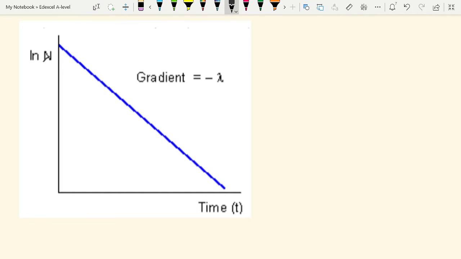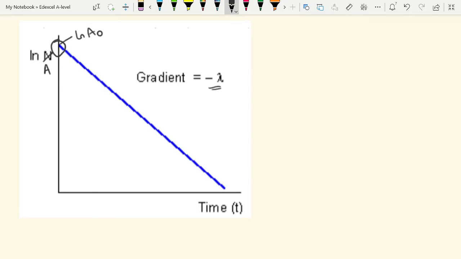This graph is for ln N, it could just as easily be ln A. Your gradient is equal to minus the decay constant. So this is one of the ways that we have of actually finding the decay constant of a radioactive isotope that you're monitoring over time. The intercept up here will be equal to ln A0, so you can find the original activity of your sample by extrapolating back to the y-axis and finding the anti-log of that.